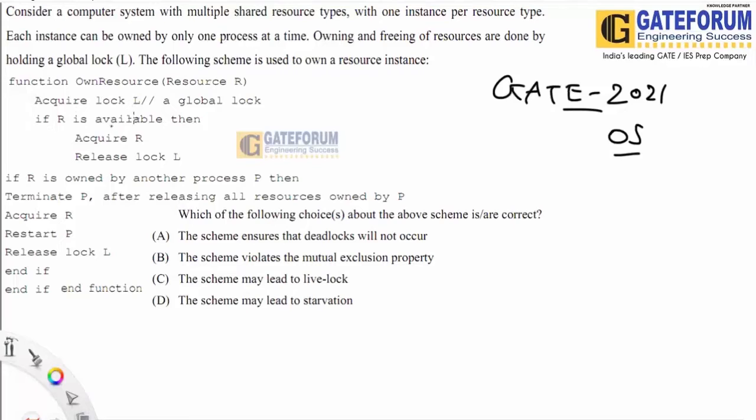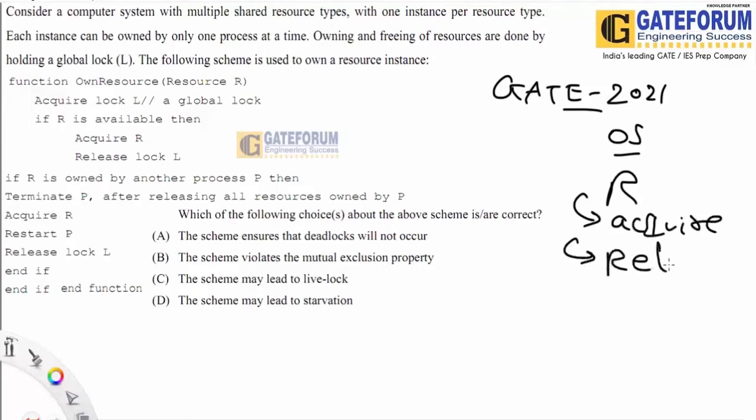First of all, it will acquire a global lock L. If R is available, then we acquire the resource R and release the lock L. So if R is available for any process, it will directly acquire it by using a lock and then release the lock, and do the process.